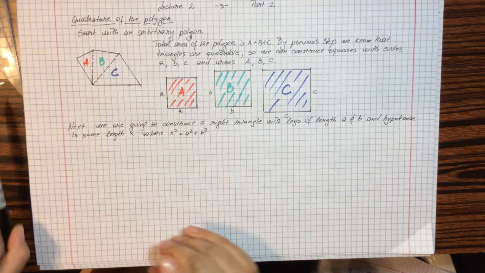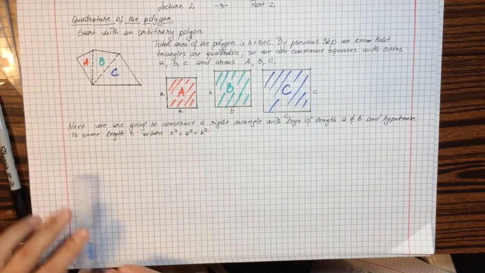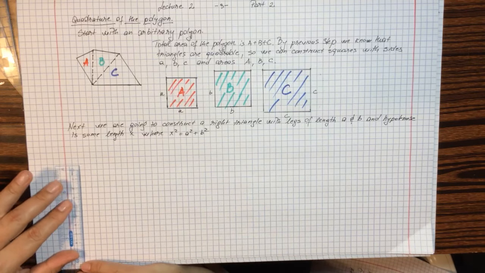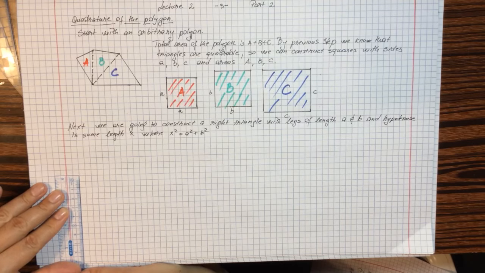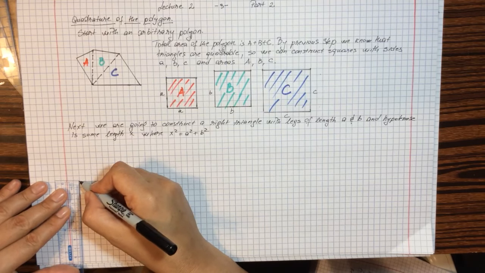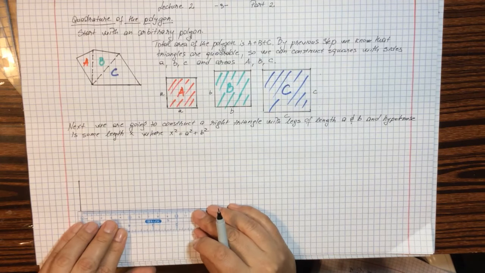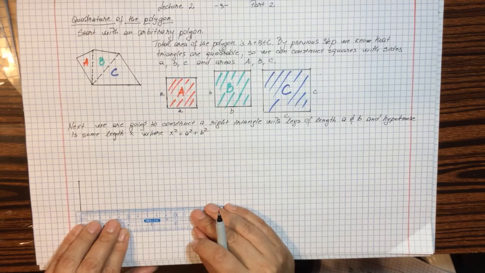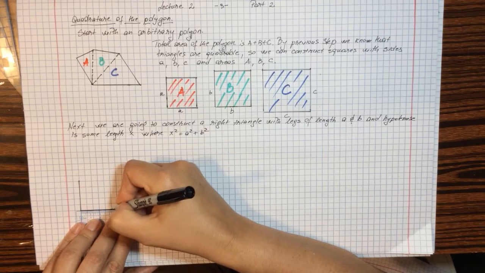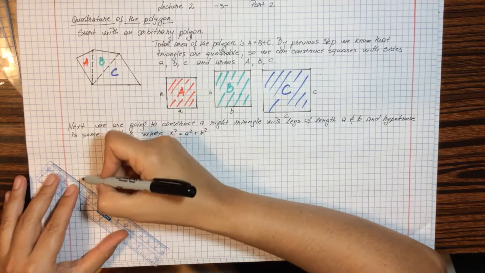So let me just try to construct that. This is length a, this would be length b, and this is some length x.